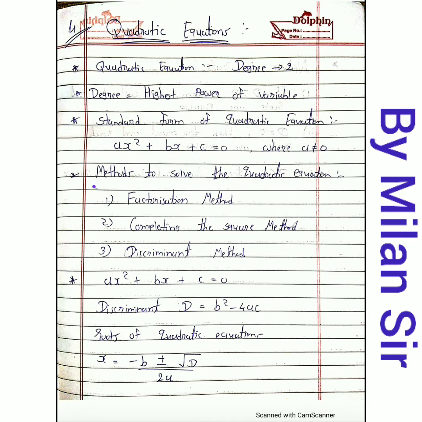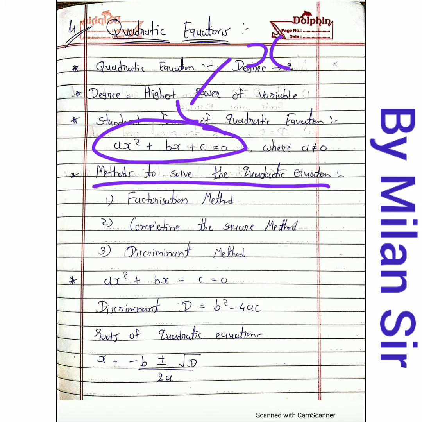Now, methods to solve the quadratic equation. Solution of a quadratic equation means we need to find the value of the variable. Here we have only one variable, that is x, so we need to find the value of x.